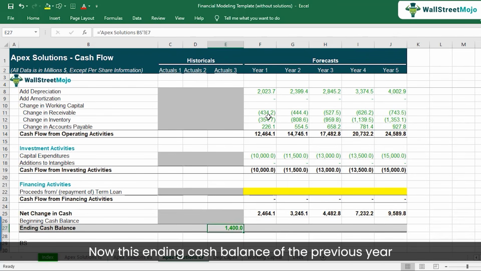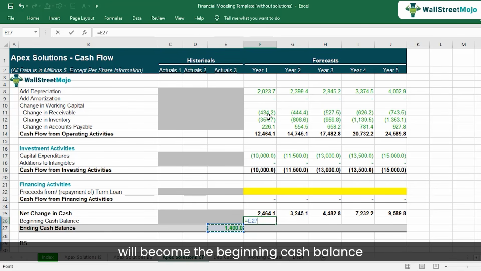This ending cash balance of the previous year becomes the beginning cash balance for this year. As of 31st December, say calendar year ending, it is 1400. So as of the 1st of January, the next morning, the beginning balance will be exactly the same, so I'm assuming 1400 here. The ending balance will be the sum total of these two, 2464.1 plus 1400.